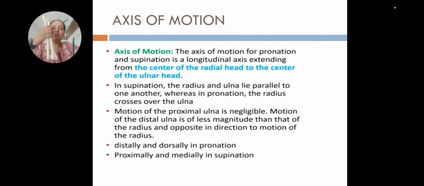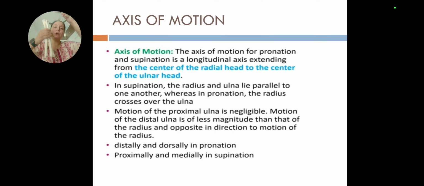The axis of motion of pronation and supination arises from the center of the radial head above and the center of the ulnar head below. So the axis runs, as you can see, obliquely from here to the ulnar head.